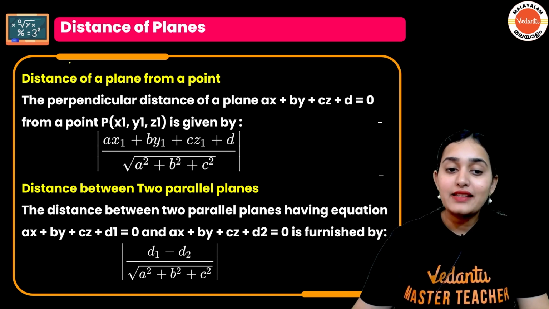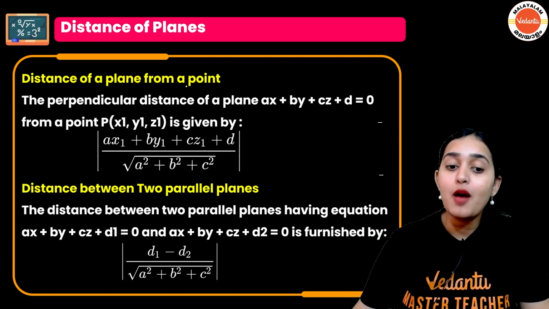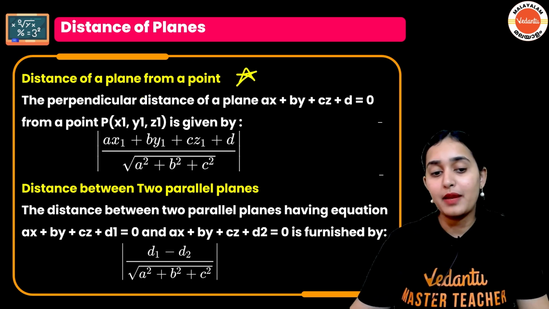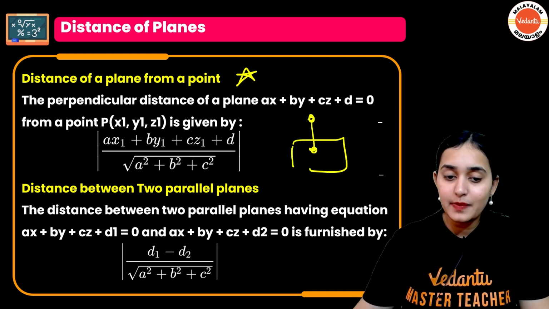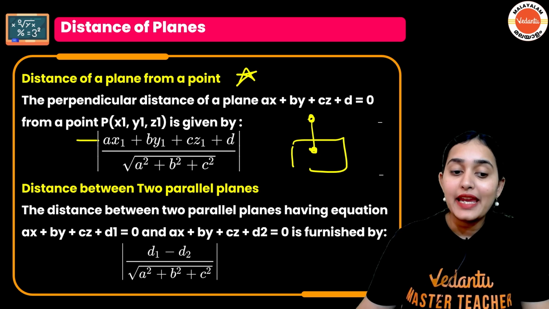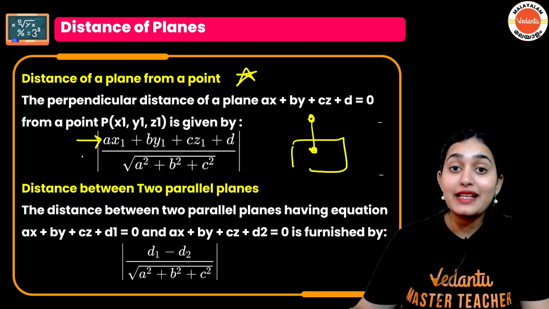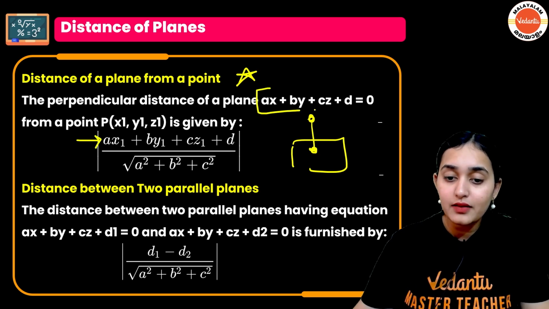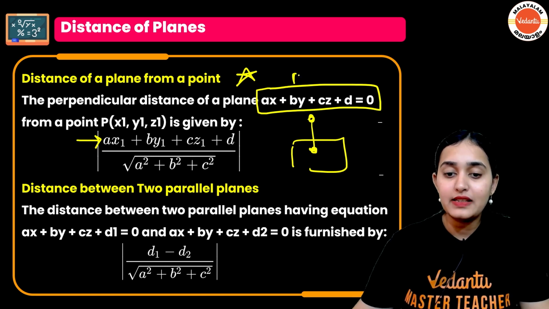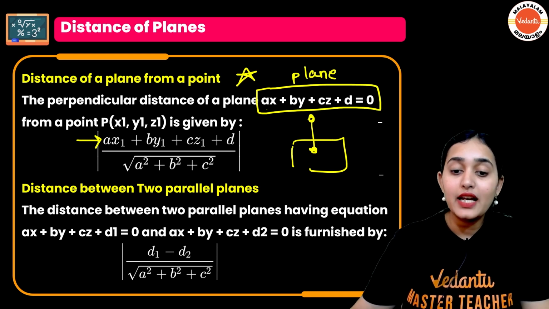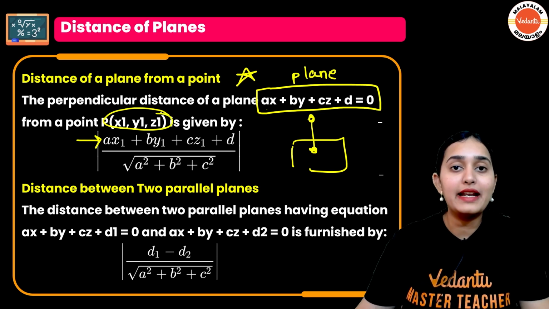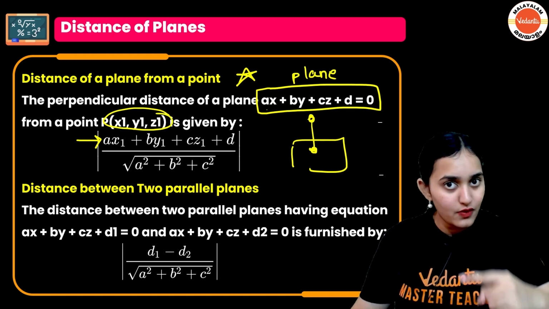Next, distance of a plane from a point, asked in the question paper. If there is a point and there is a plane, what is the distance between them? If your plane is ax + by + cz + d = 0, then in the place of x, y, z you put the point for which you are finding the distance.